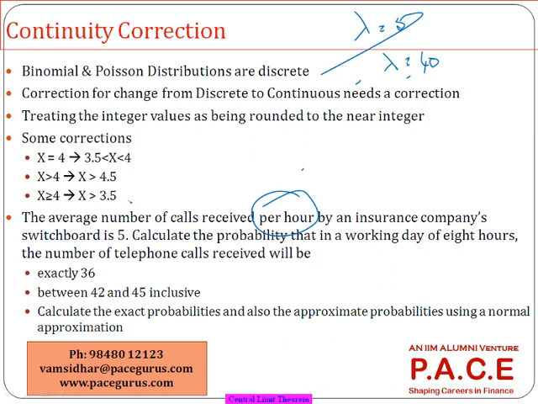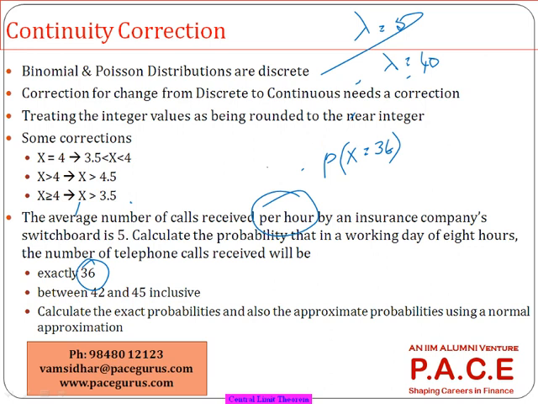Now what is the question saying? Exactly 36. So the probability of x equal to 36. Let's take it both ways. I will compute the exact probability using the Poisson distribution, and then approximate it to normal, and we'll try to find the probability.